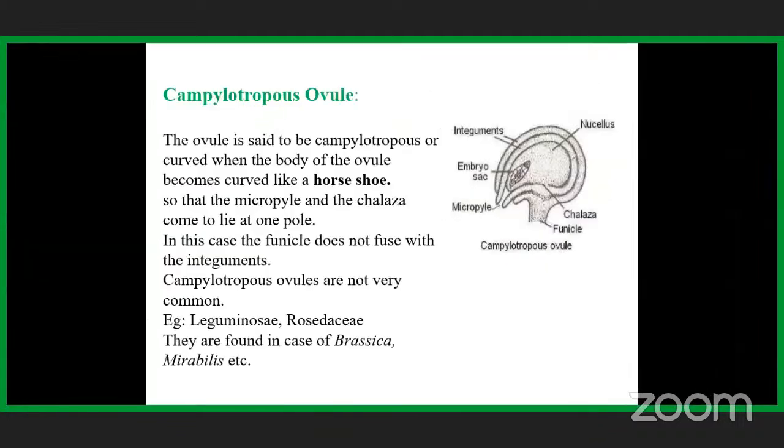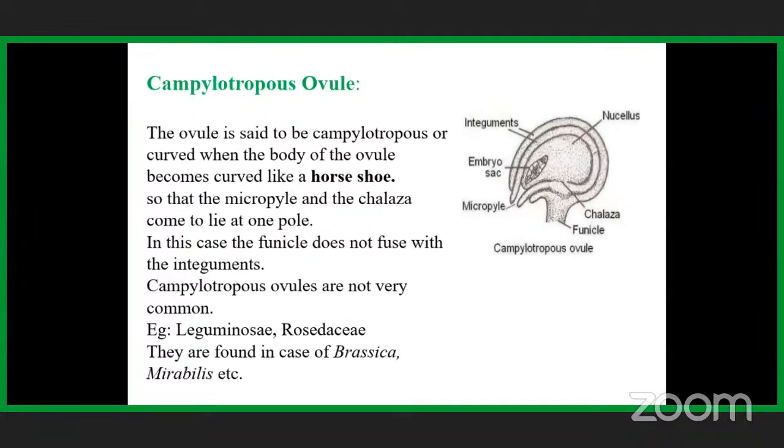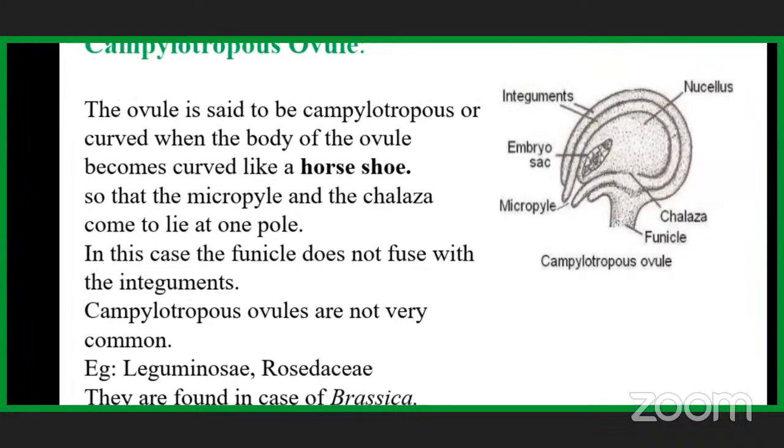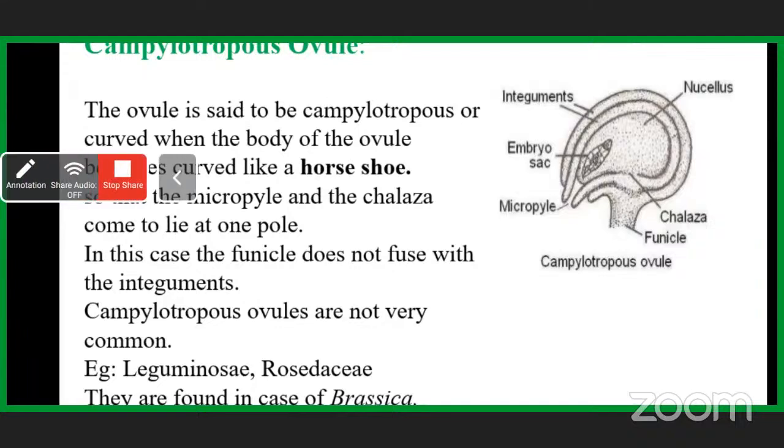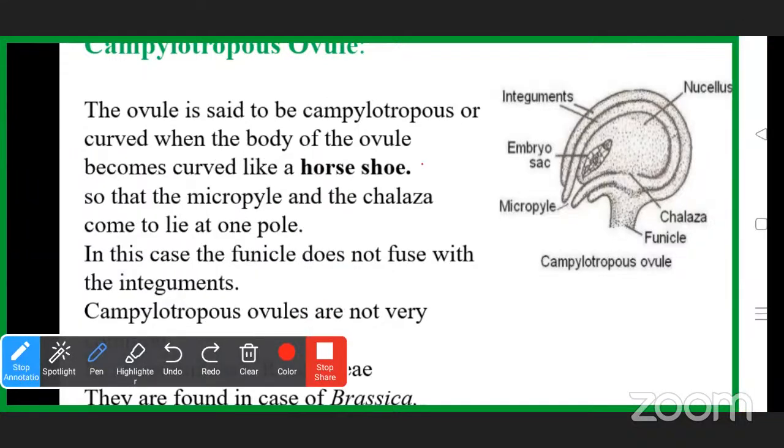Okay, and you can see the campylotropous ovules. Here, what happened? The ovule will look like a horseshoe. Here, the campylotropous ovule body is turning up to 120 degrees.